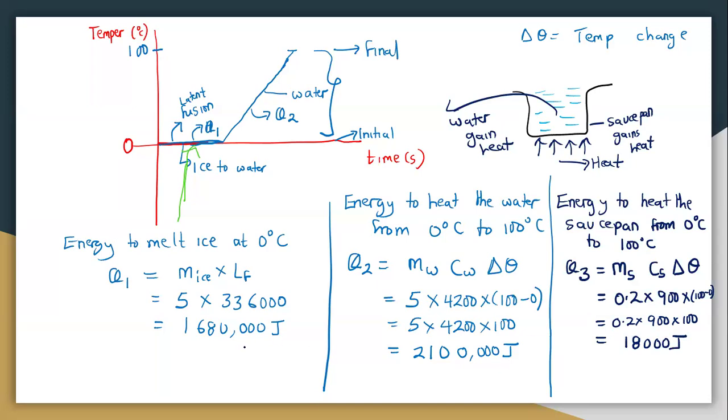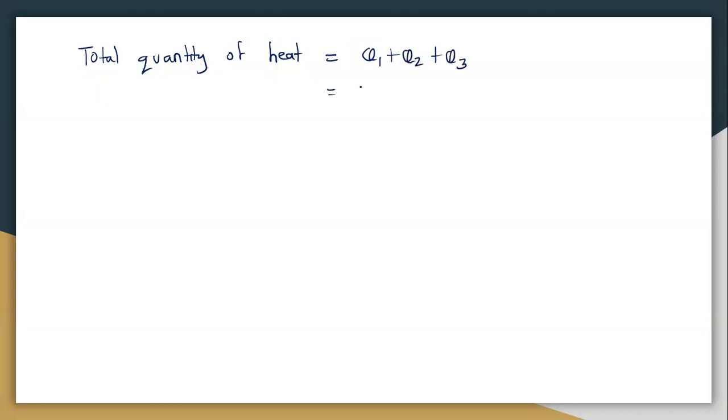So in order for us to find out the total quantity of heat for the whole process, for this ice to turn from 0 up to when it reaches the boiling point, I say the total quantity of heat gained will be equal to Q1 plus Q2 plus Q3.